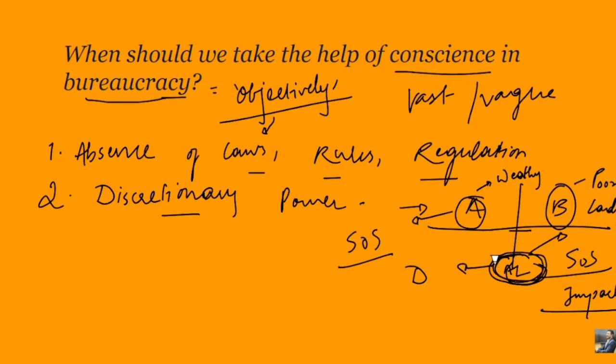When one becomes a bureaucrat, all such problems are bound to come. It is very much related to land, revenue, disputes, etc. So if you are aware of all these problems, you will be able to quote these examples very effectively in the answer and do justice to your answer.